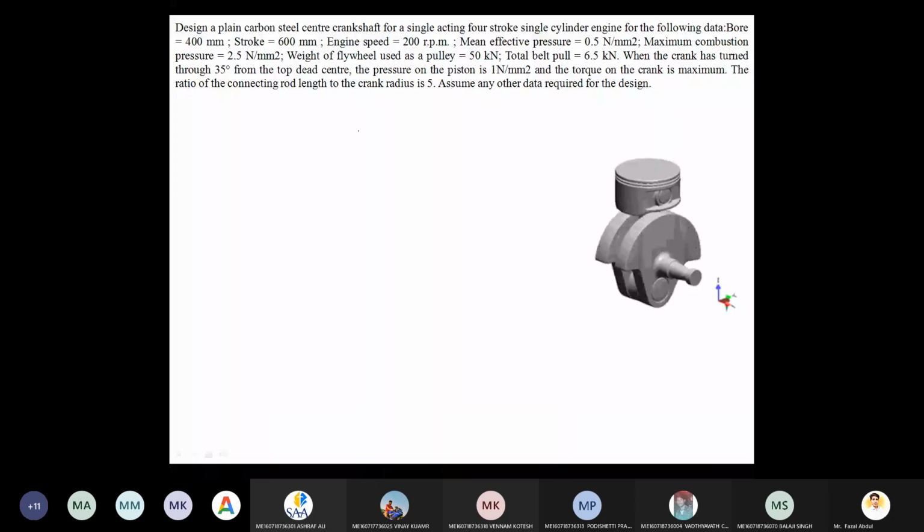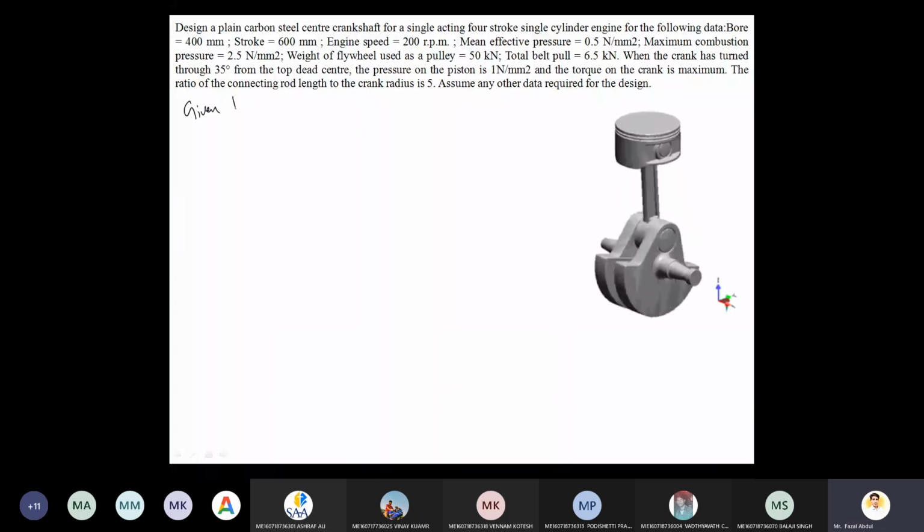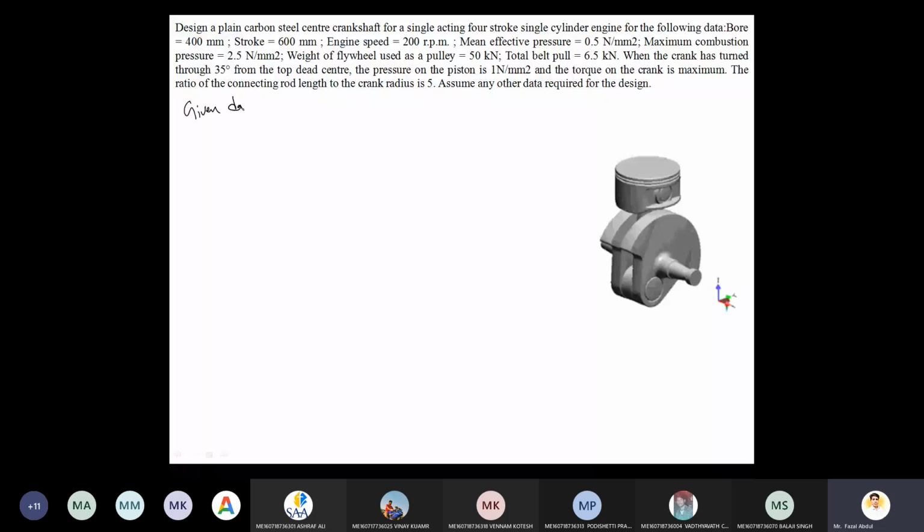Okay. I'm writing the given data. Design a plain carbon steel.